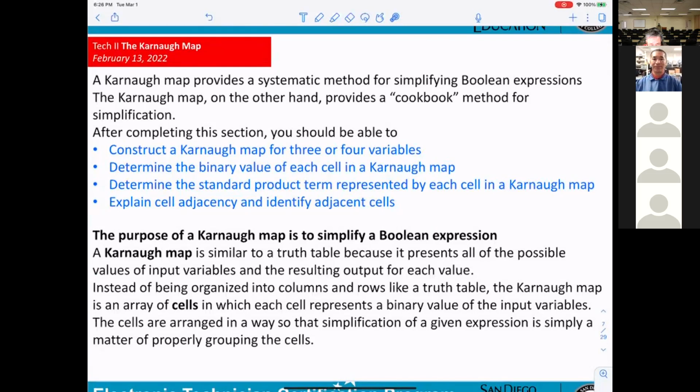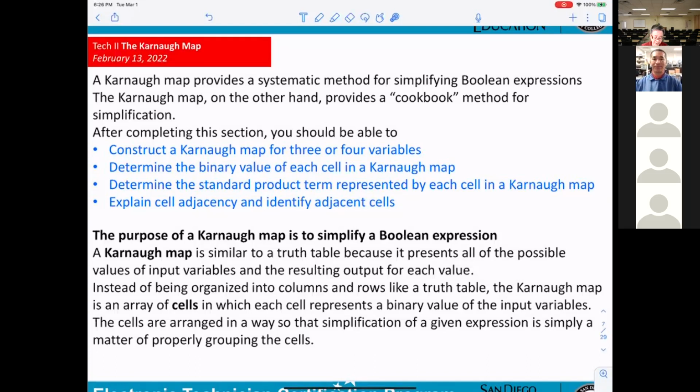After completing this section, you should be able to construct a K-map for 3 variables, determine the binary value for each cell in the K-map, determine the standard product term represented by each cell in the K-map, and explain cell adjacency. Okay, and identify adjacent cells.